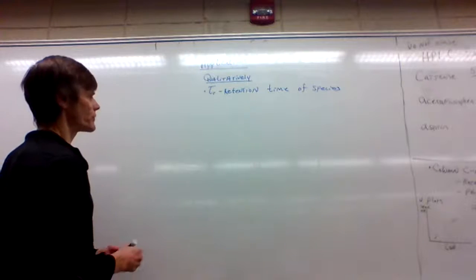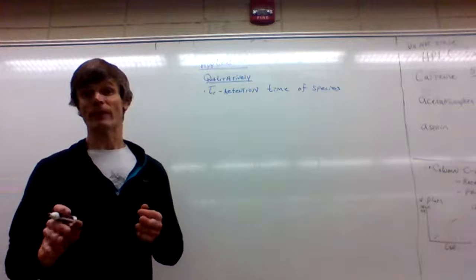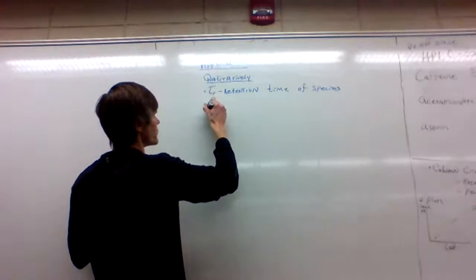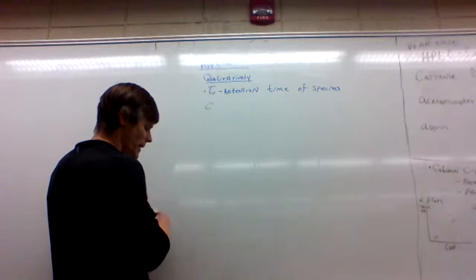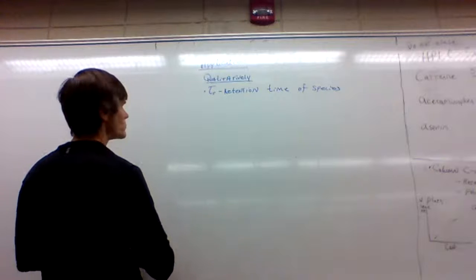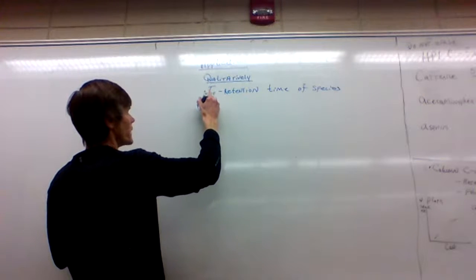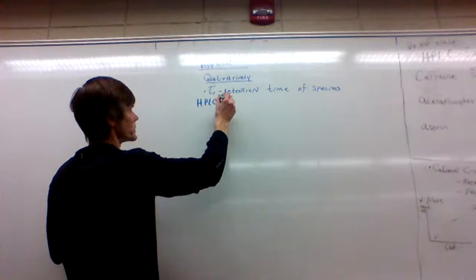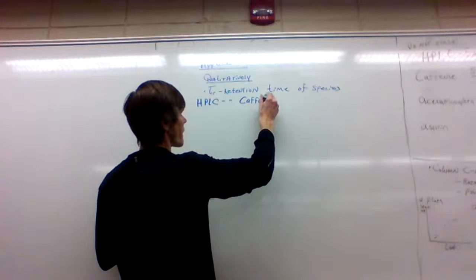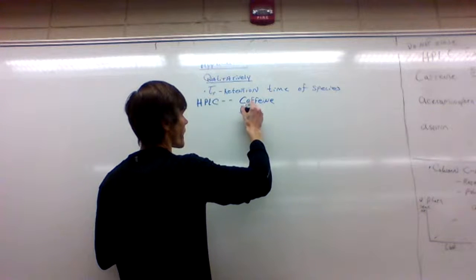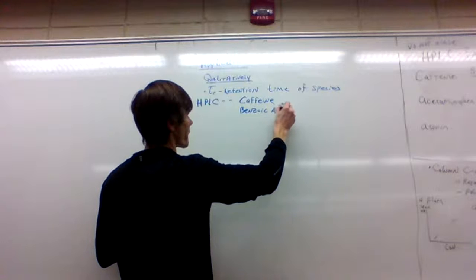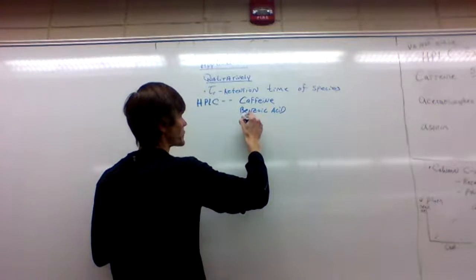Let's consider a case, and this is actually what we did in instrumental. We had students run samples, a sample that had a combination, and they tested it using HPLC. They do an HPLC analysis that has a combination of caffeine, benzoic acid, and aspirin.